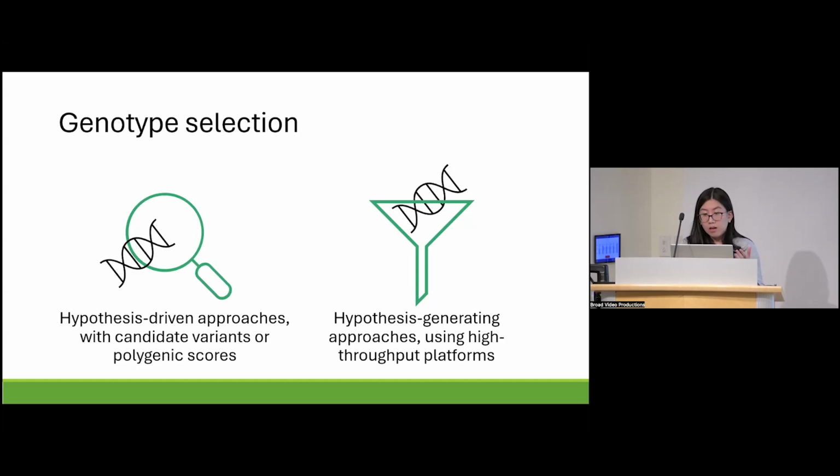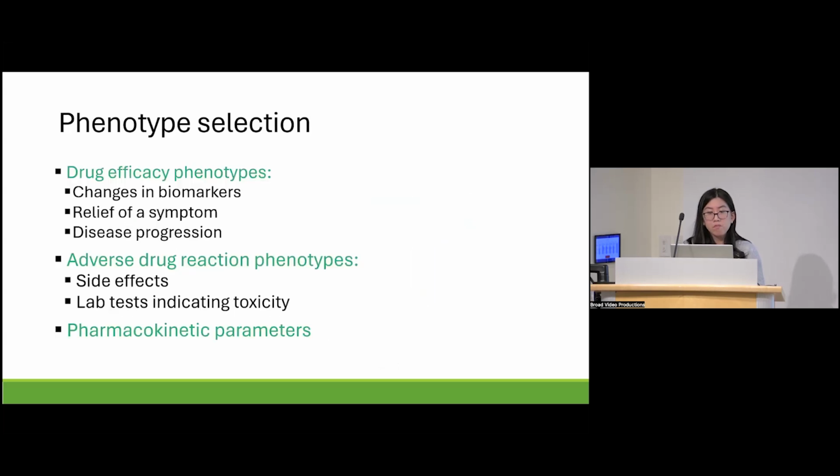We can also alternatively utilize hypothesis generating approaches. These are genome-wide searches using high throughput platforms, where we're trying to do novel discovery for a drug response. Again, the availability of genome-wide genotyping and sequencing allows us to do that as well.